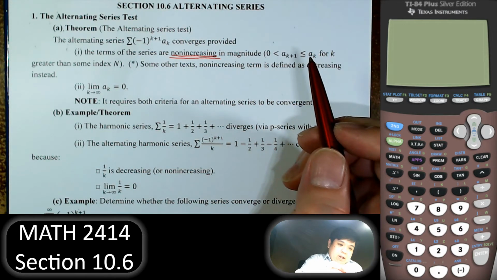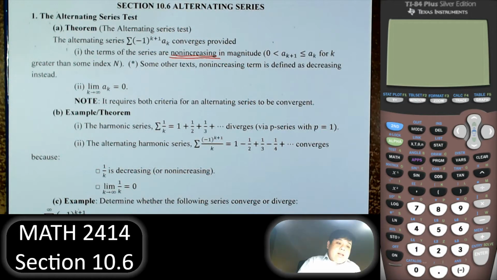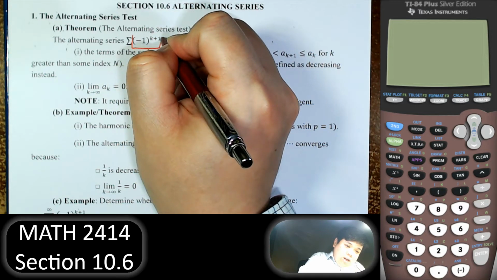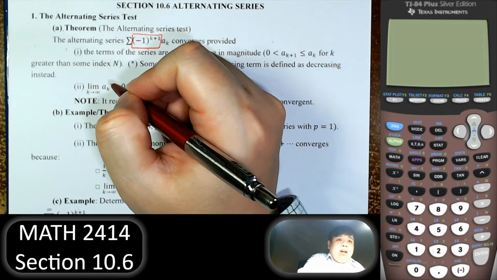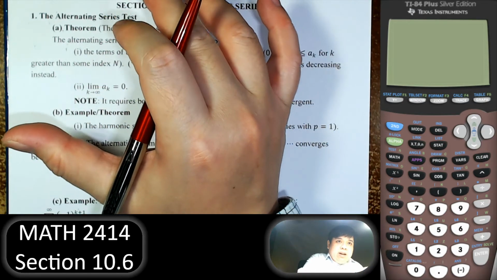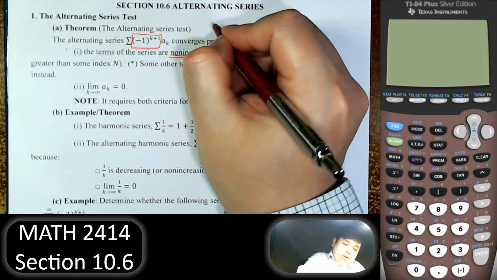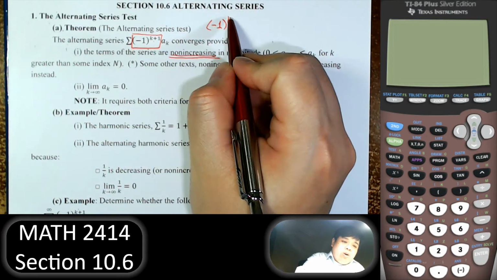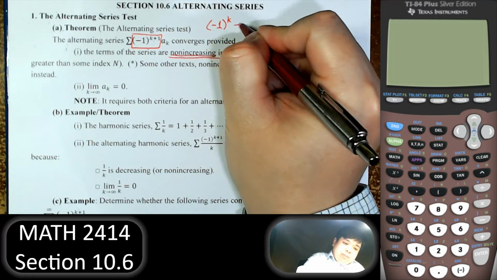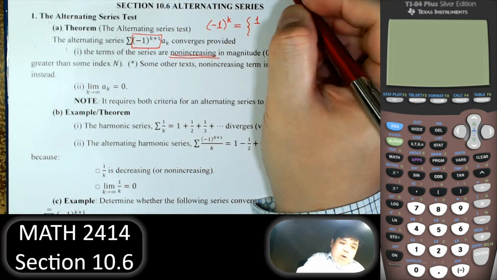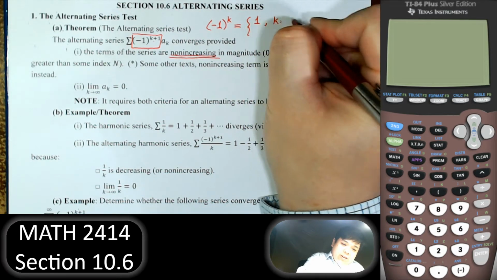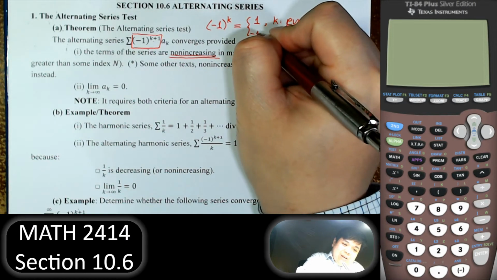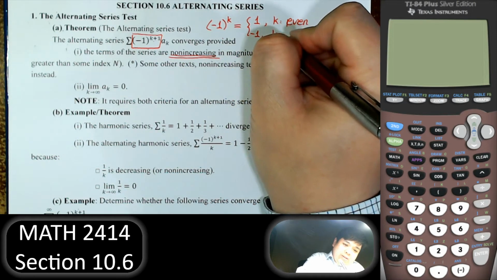But most important, what makes it an alternating series is this one: -1 raised to some power. If the power is even, it's positive. If it is odd, it's negative. So when we have -1 raised to some power, it could be k plus 1 or k minus 1, it doesn't matter. It will be equal to +1 if k is even, and it is -1 if k is odd.